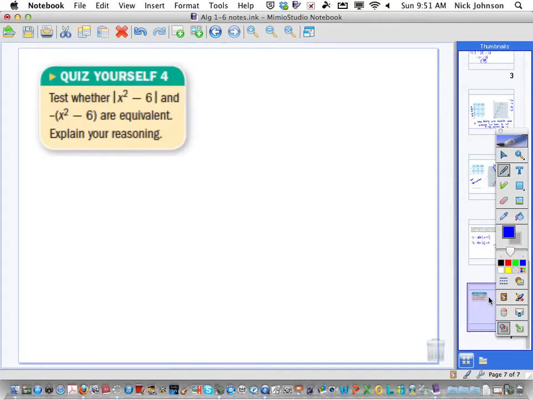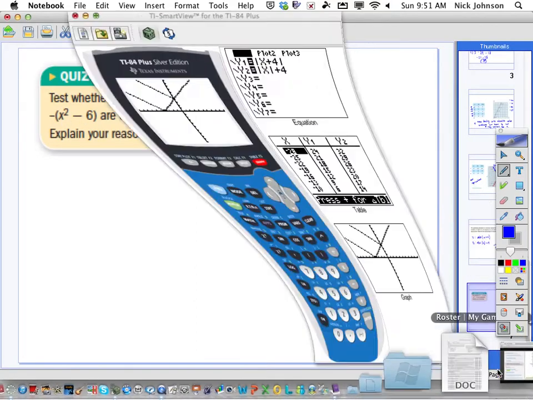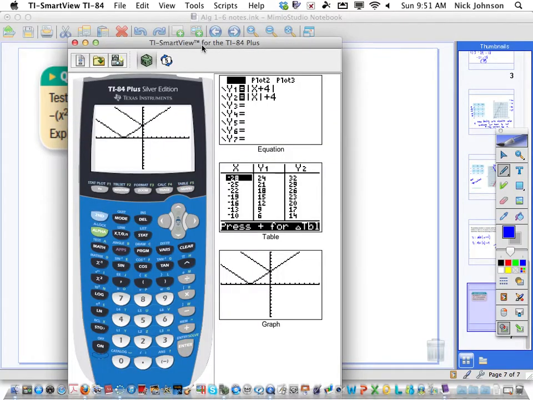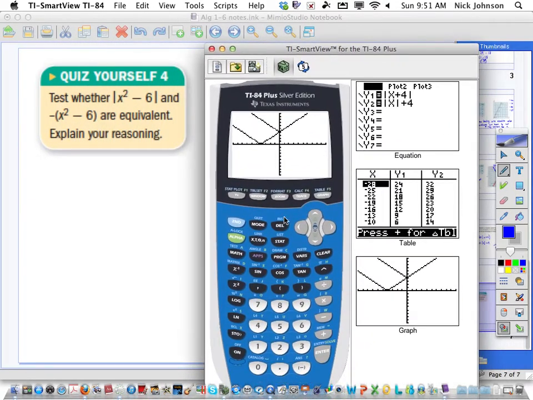Let's look at quiz yourself 4. Test whether the absolute value of x squared minus 6 and the negative quantity x squared minus 6 are equivalent. So let's get our calculator out again. And I'm going to press y equals. And I'm just going to clear these out so I can start fresh.